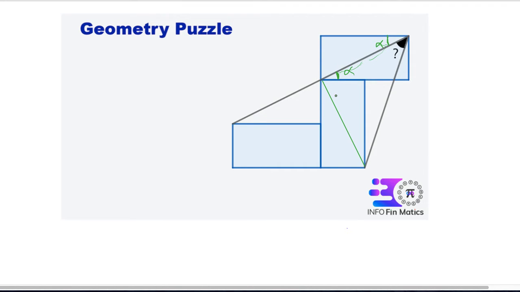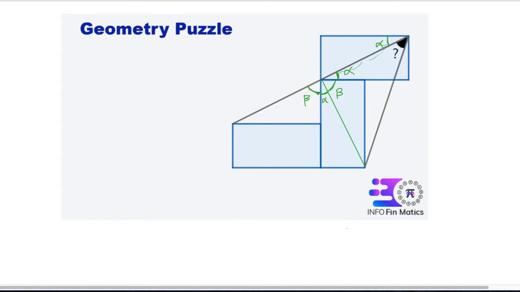Okay, now if I consider this angle as beta, so this angle has to be alpha. Now this angle again is beta.